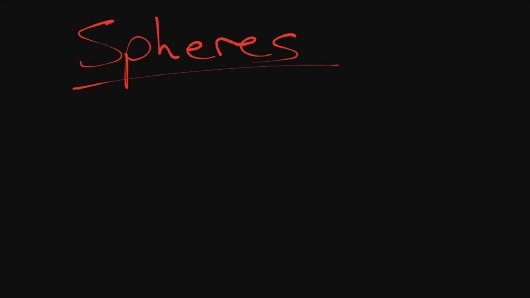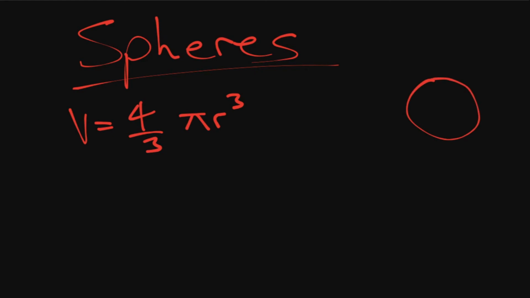So now we have the formula, and let's say I say that the diameter of a sphere is 2290 kilometers, which means that the radius is 1145 kilometers.